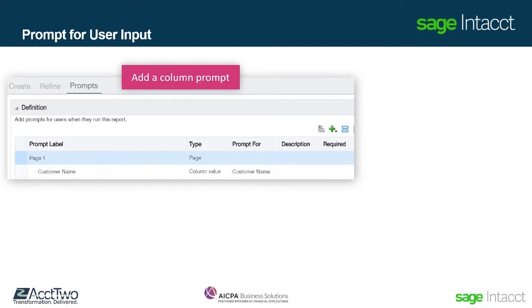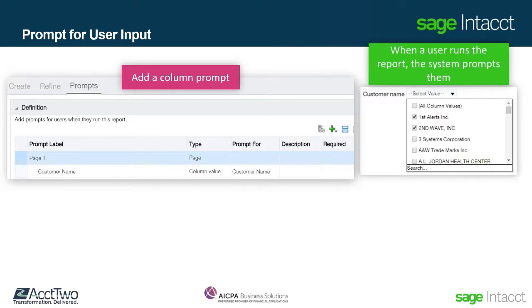The next feature is prompting for a user input. Now, this is nothing new. We do this all the time. If you think about the reports that we run that are standard reports in Sage Intacct, they're always asking us for what customers do you want, what vendors do you want, an individual, do you want a range? So you can do the same thing here. You can add a column prompt, and I'm adding a column prompt here for customer name.